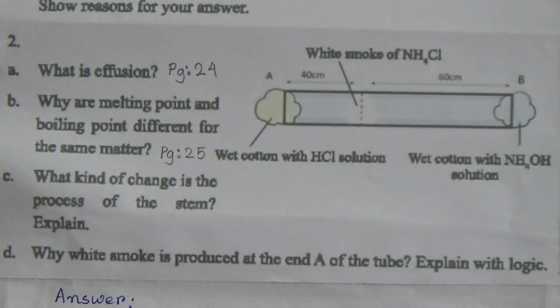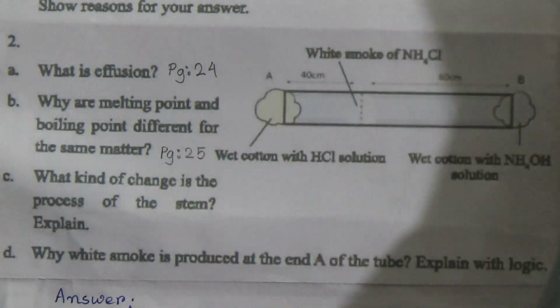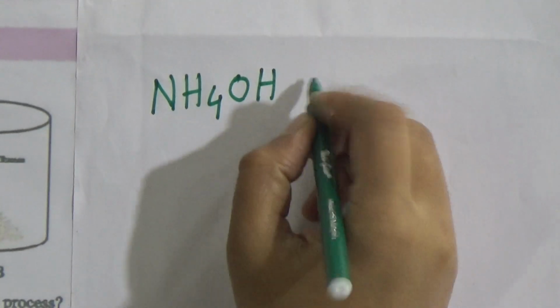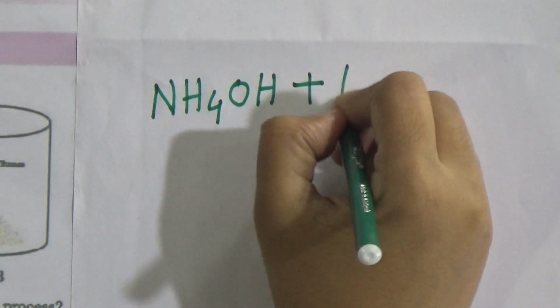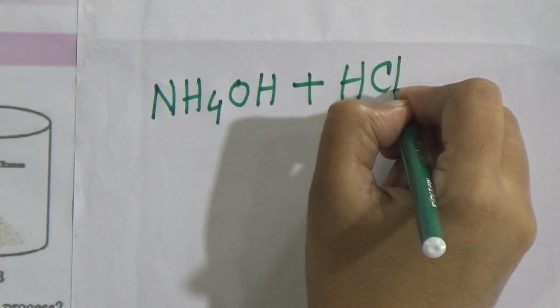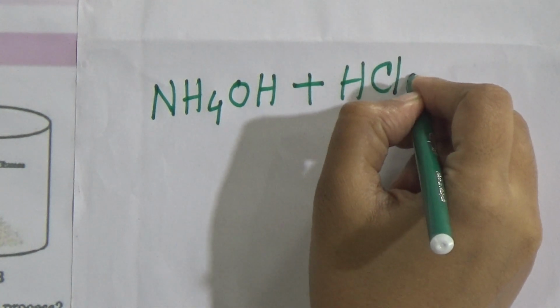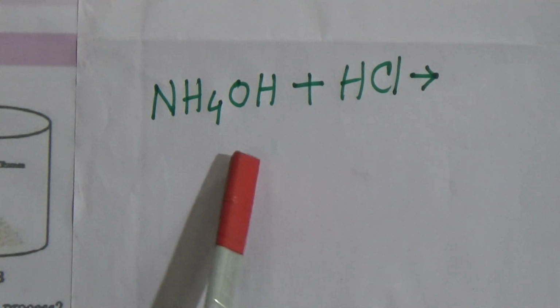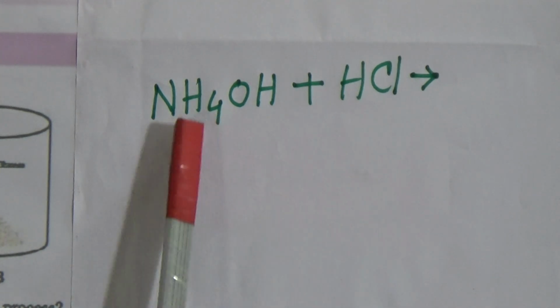Now come to this part. Here ammonium hydroxide and hydrochloric acid are given on two cotton pieces.